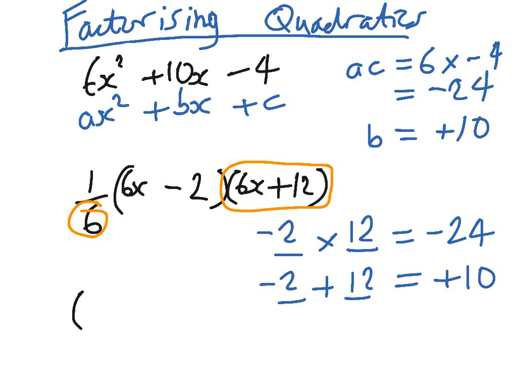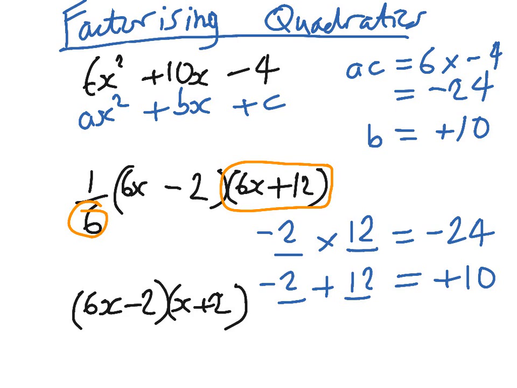So that means we're left with 6x minus 2, that first bracket left untouched, and the second bracket, well, 6x divided by 6 is just x, and 12 divided by 6 is 2. So there we go, we have factorised into the two brackets.